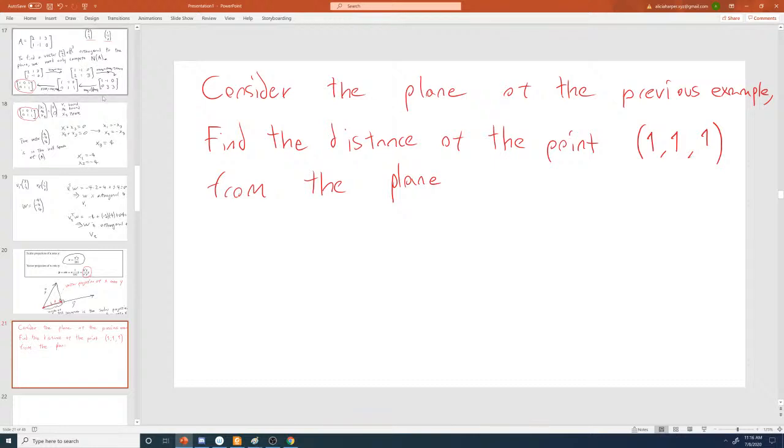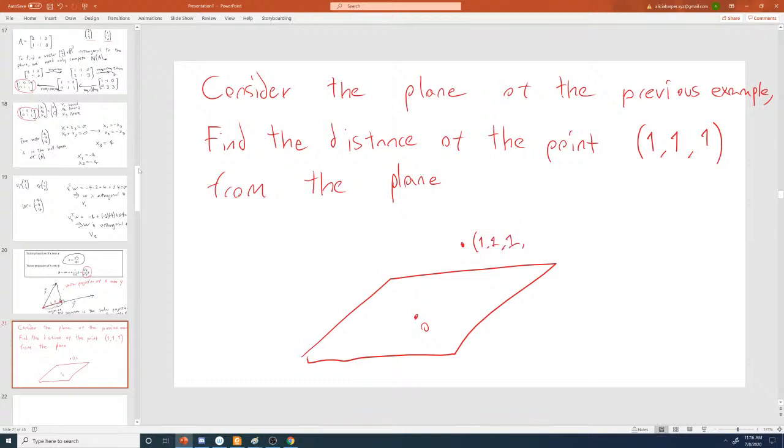When I was setting this up, I made it so that this plane contained the origin. So we can picture it something like this. Here's the origin of R3, and we have a point here, 1, 1, 1. And we can draw the vector connecting it.